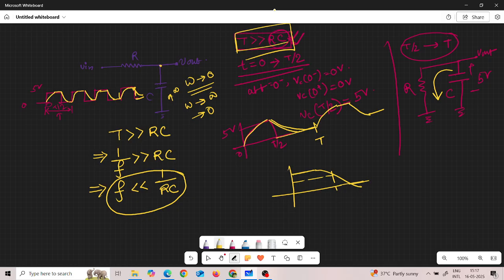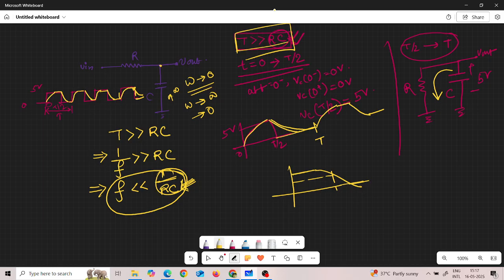What this condition is actually saying is that the pole frequency 1 by RC is much greater than F. So the filter will pass almost all frequencies except the highest frequencies.